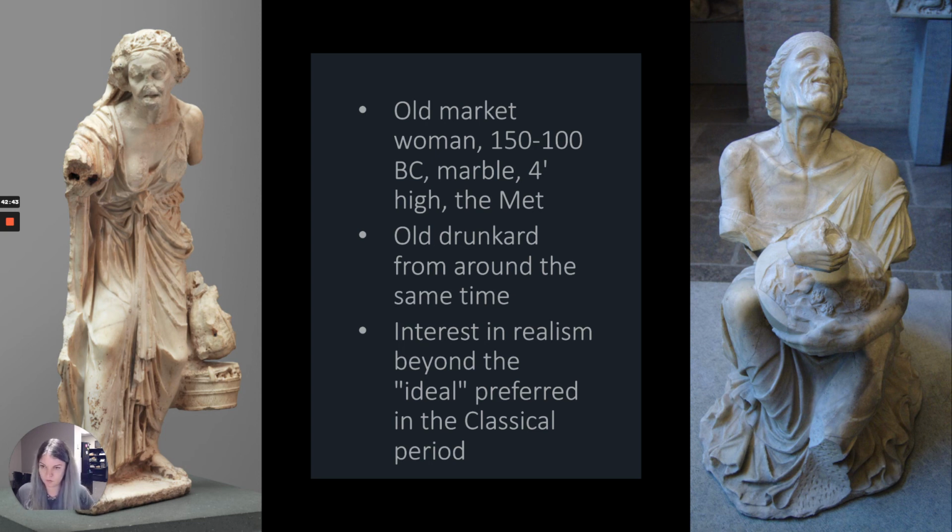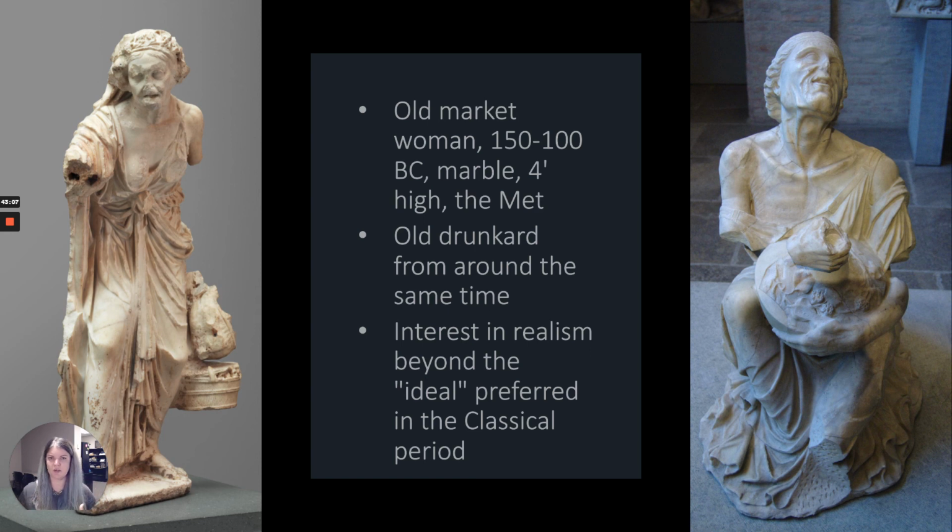We see works that portray people who are sick. So we have this interest in naturalism that expands beyond just our beautiful, perfect athletes and gods and goddesses and heroes into common people, and not just common people, but people who are not so beautiful and not so ideal, which is interesting. We haven't really seen so much of that before.